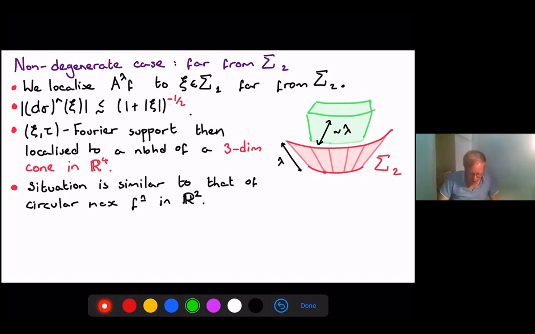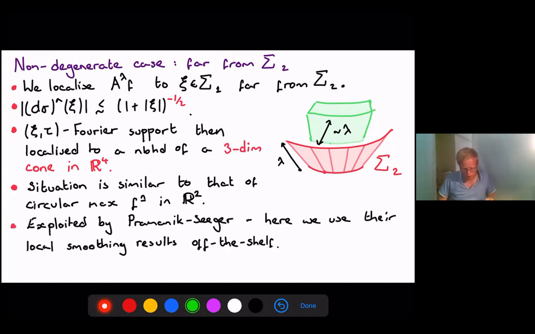And it basically turns out you can carry out similar arguments to what we used to study the circular maximal function to deal with this part of the operator.